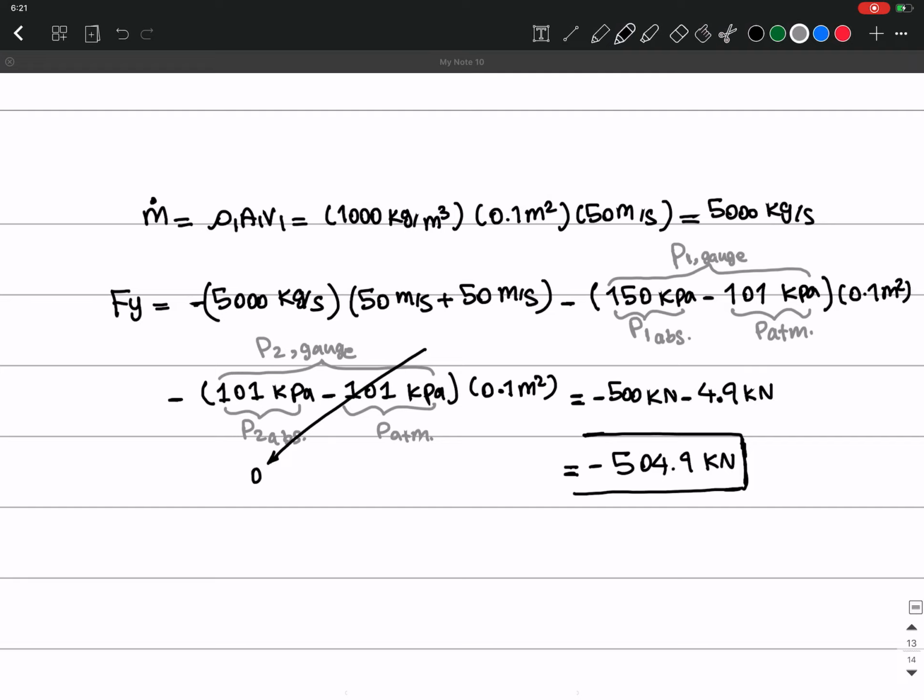Then you write the continuity equation, of course. Sometimes you may need to write other equations to be able to find the final force needed for the problem. Okay, so now let me solve another example.